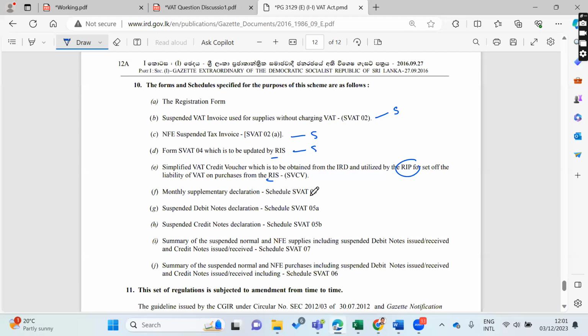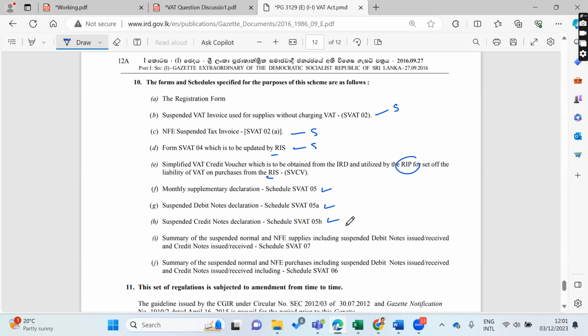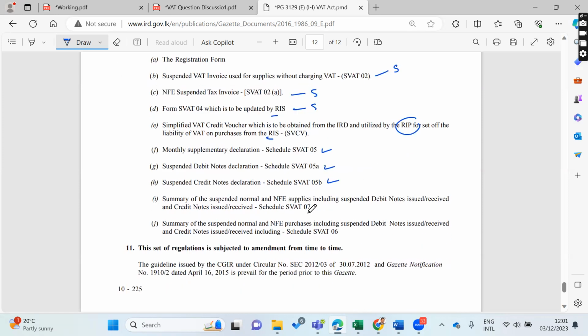And then 5, 5A, 5B relate to RIS, and 7 also relates to RIS. The supplier needs to do all these things, and the purchaser will do only the 6th submission, the summary form.